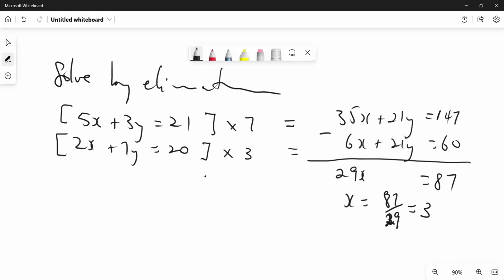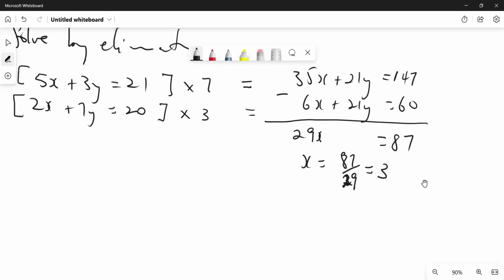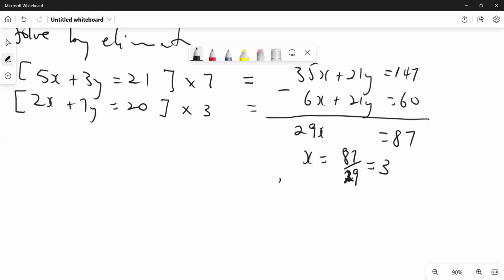So we want y now. We can substitute in any one equation. Substitute in this one, that one, anyway. I'll choose this one with the smaller numbers. I shouldn't say smaller because 7 is still big. So substitute x equal 3 in, let me call this one equation 1.